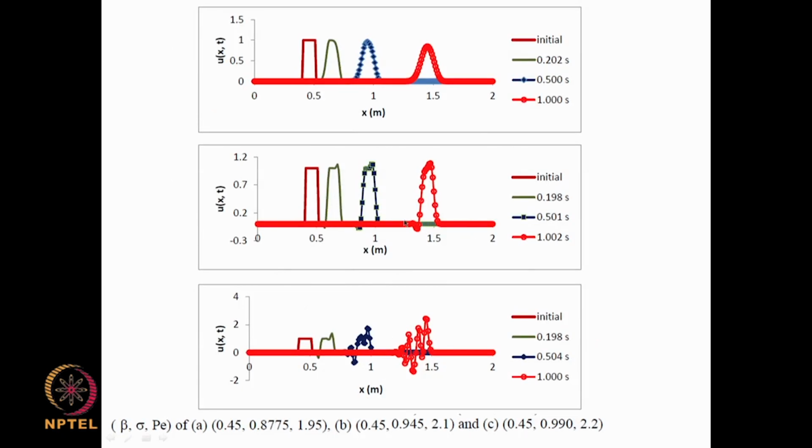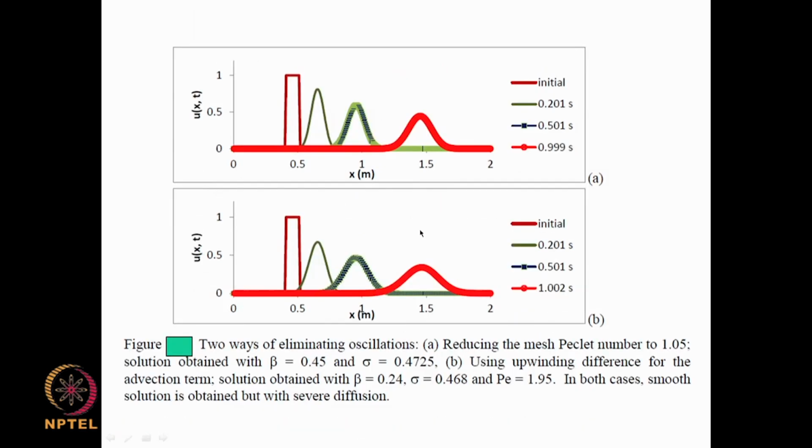We wanted to reduce this dispersion error here, and in the process we tried reducing the mesh Peclet number, we got more diffusion, and we tried upwinding differencing to eliminate that oscillations, and then we got even more diffusive thing.